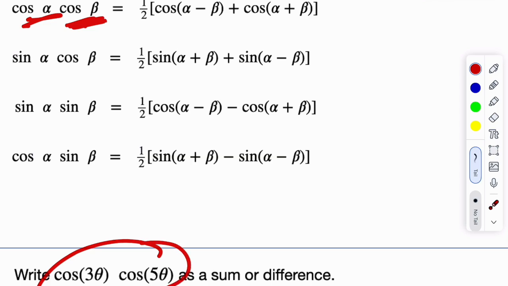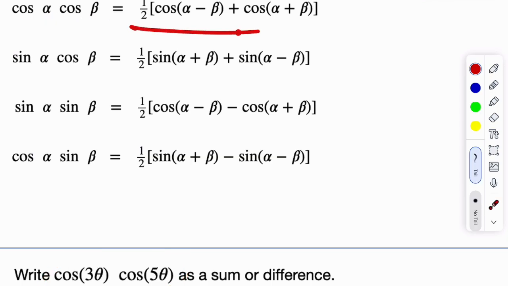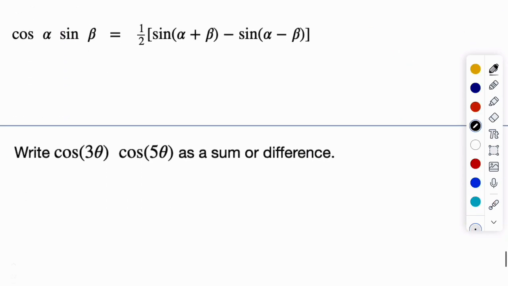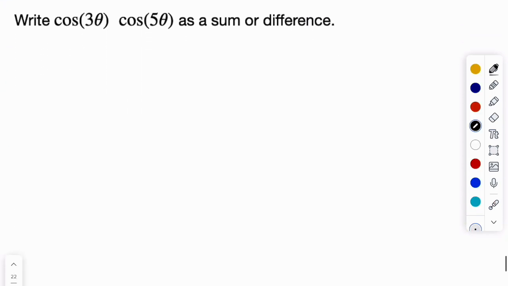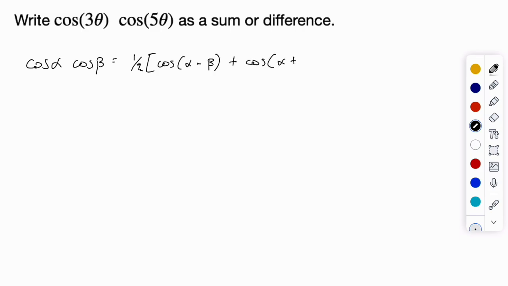So we're going to apply this formula here. Remember, cos alpha cos beta is equal to a half of cos alpha minus beta plus cos alpha plus beta.